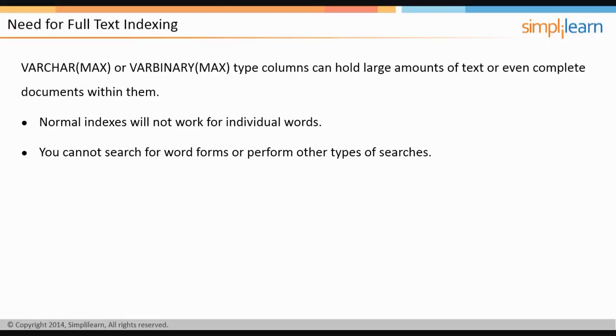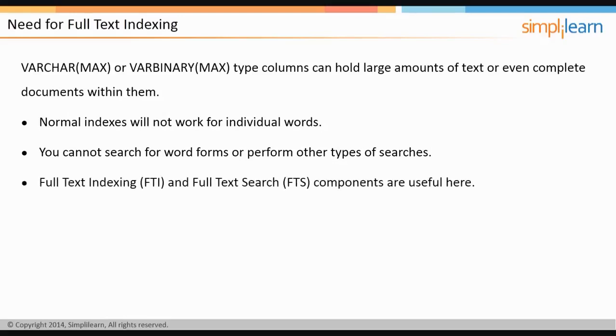For instance, if you wish to find all rows that contain forms of the word sit, such as sat, seated, or sitting, you cannot do it with a normal index. This is where full text indexing, FTI, and full text search, FTS, come in. FTI includes the technology to index individual words within a column for each row, and FTS allows performing advanced searching using this index.